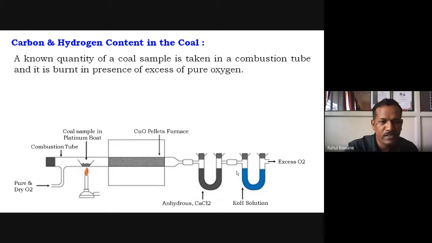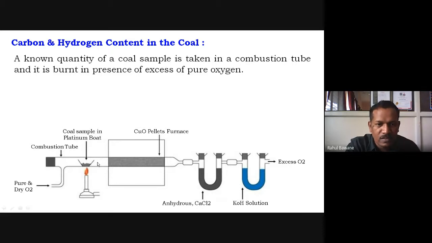We take a known weight of coal sample. Suppose 10 gram of coal is taken and kept in a platinum boat, and pure and dry oxygen is supplied to this combustion tube. With the help of the burner, we burn all this coal.